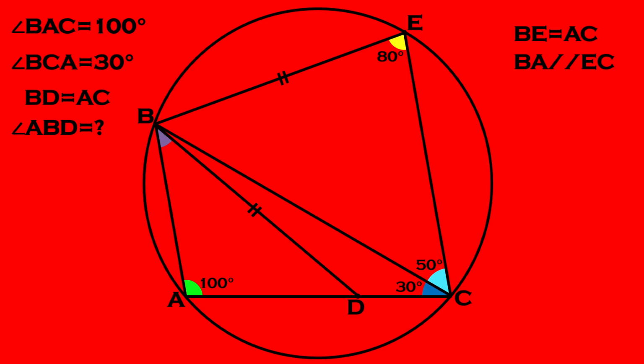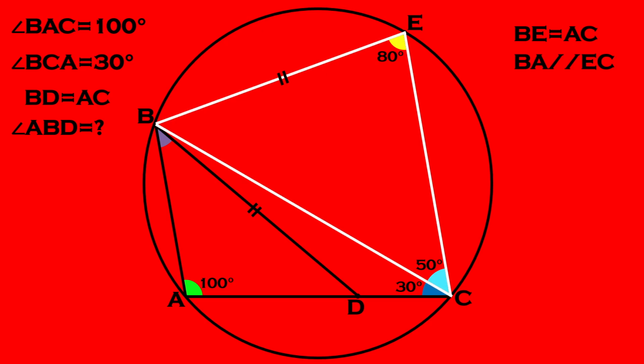Now, focusing on this white triangle, the sum of interior angles is 180 degrees. From there, the remaining angle can be calculated to be 50 degrees. As we can notice, this triangle has two angles both equal to 50 degrees, therefore it's isosceles, and BE equals EC.